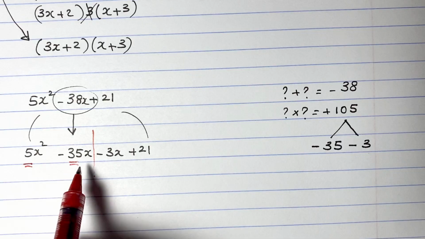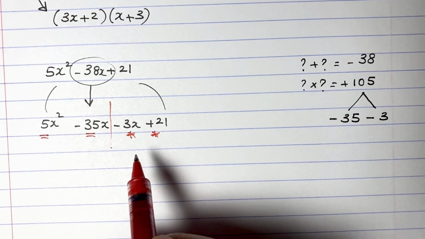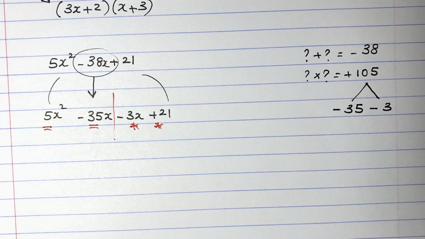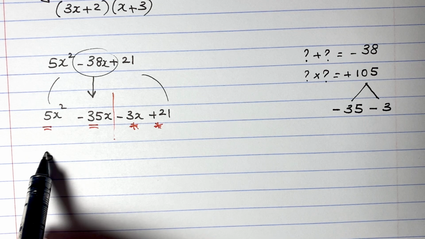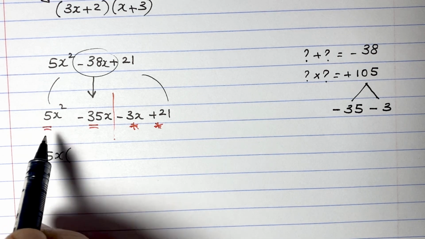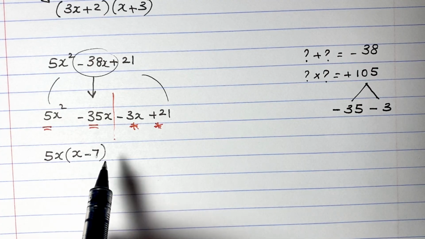Factorizing the first two, factorizing the last two, producing the same bracket. The full factor for the first two would be 5x. Divide by 5x, divide by 5x.